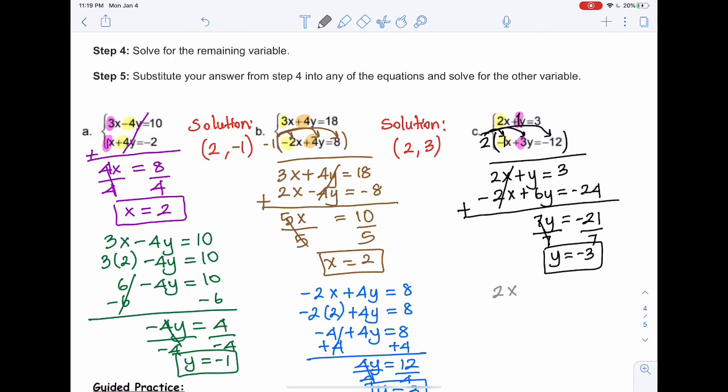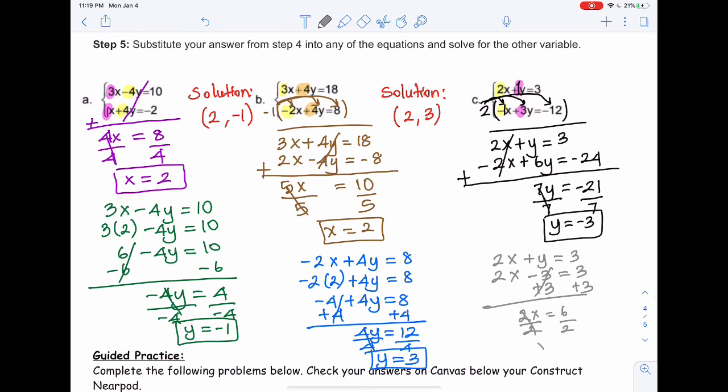2x plus y is equal to 3. Instead of writing y, we are going to write negative 3 and solve this equation for x. x is 3.